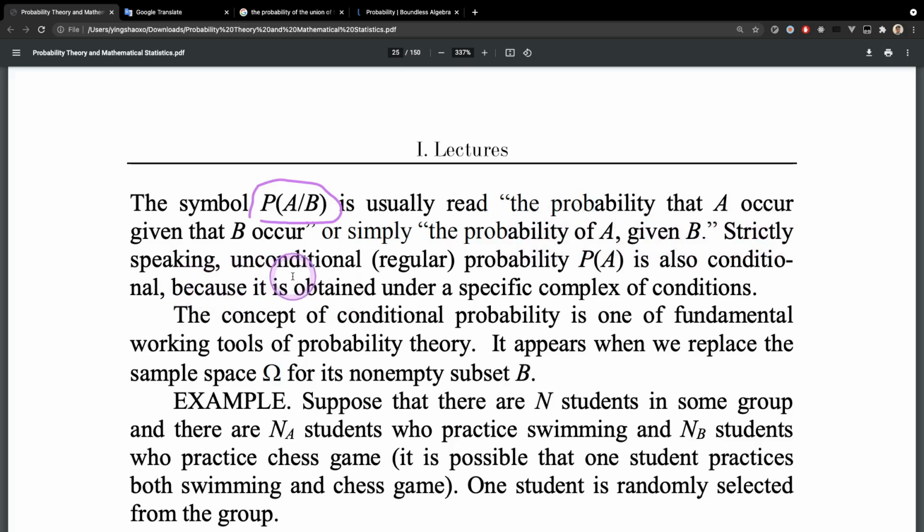If you don't understand this sentence, you could read another: the probability of A given B. In other words, it's asking the probability of A if B occurs. So what's the probability of A when the event B occurs? When you hear this sentence, you should be quite clear what the meaning of this expression is.